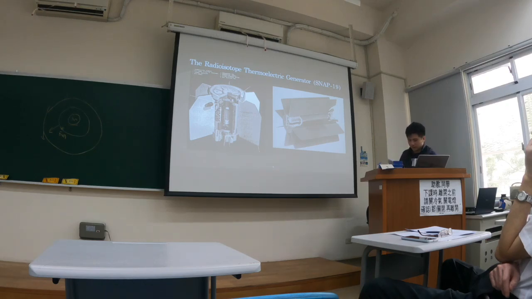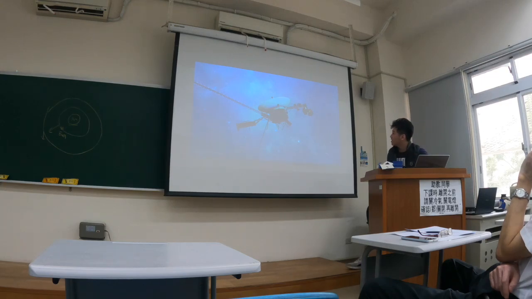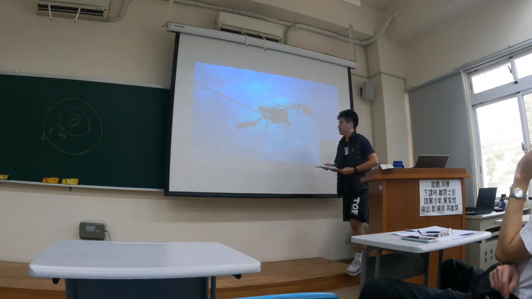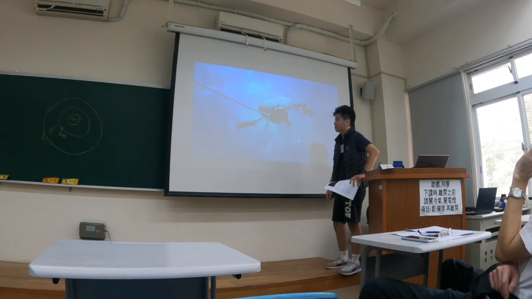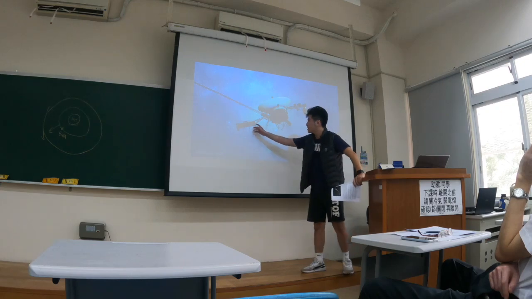The RTG actually uses decay energy to generate power, and it can provide electricity and thermal. This is Voyager 1, a spacecraft that is exploring the outer planets.